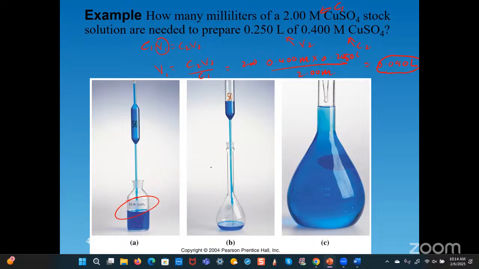As I said to the class on Tuesday, the flask is made very accurately. They come in different sizes. If I remember correctly, the smallest one I've seen is like a 10 mL, and the largest one I've seen is, I think, 2 liters. Also, you can't see from here, but these flasks have a mark etched on the stem, and that mark represents the volume of the solution in the flask.